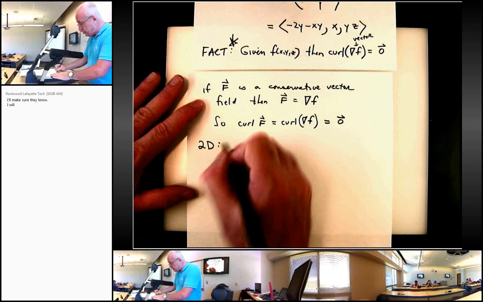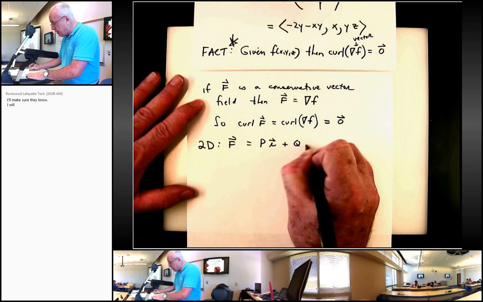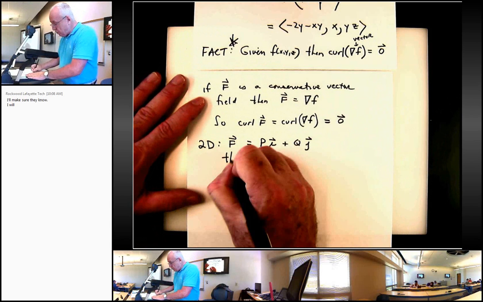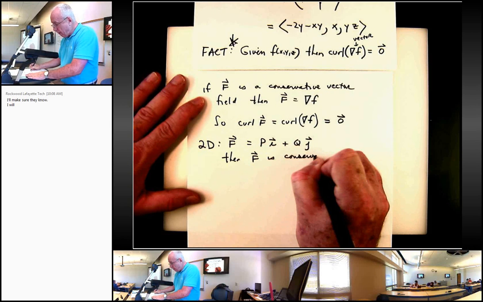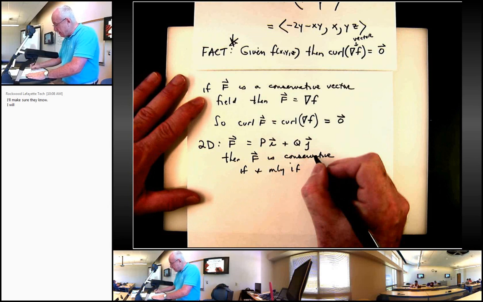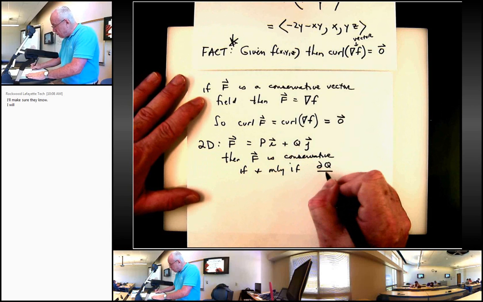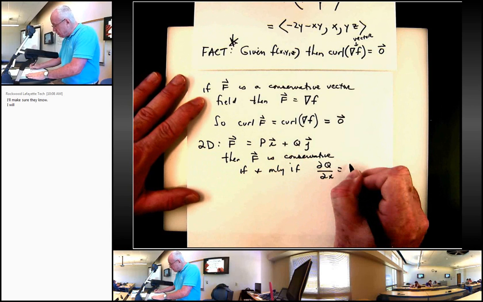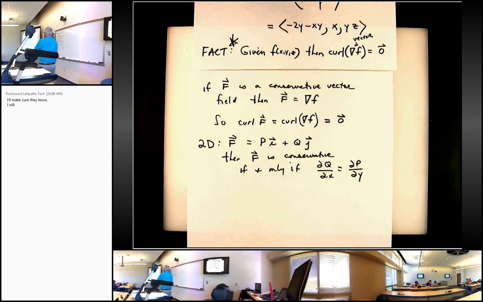For 2 dimensions, if our F was equal to P times the I vector plus Q times the J vector, then we found out that F is conservative if and only if the partial of Q with respect to x is equal to the partial of P with respect to y, right? Okay, well, that was our test for 2 dimensions.